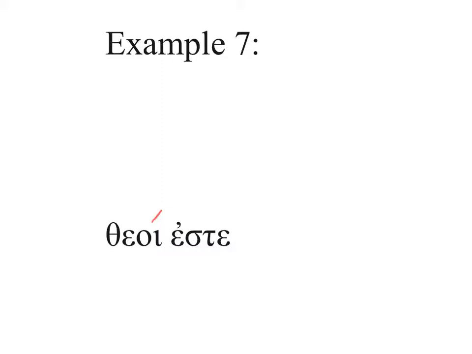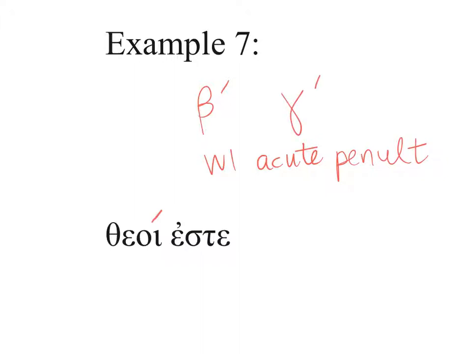Rule beta is a rule that tells us about when the enclitic gets an accent. And the circumstance that rule beta outlines is when word 1 has an acute, and that acute falls on the penult. Well, unfortunately, our acute is on the ultima, so rule beta is out. Rule gamma also deals with word 1 having an acute on the penult, so rule gamma is also out.